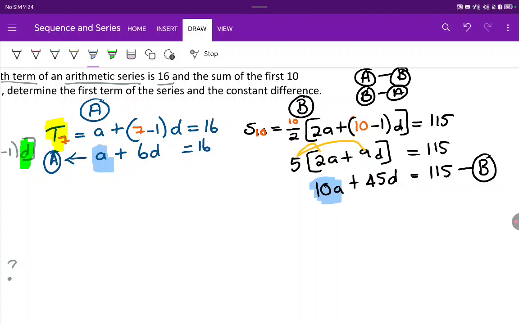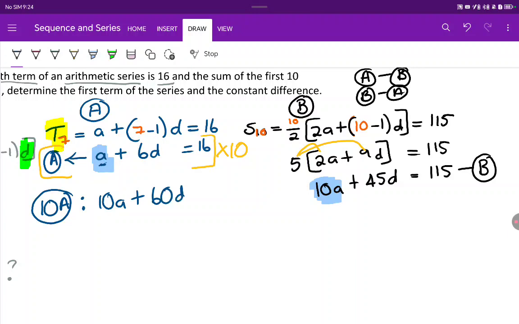So to make it 10A, let's go ahead and multiply everything here times 10. Because we want 10A, that's the goal, 10 small a. So 10 big A is going to be 10 small a plus 6 times 10 is 60 d, which equals 160.